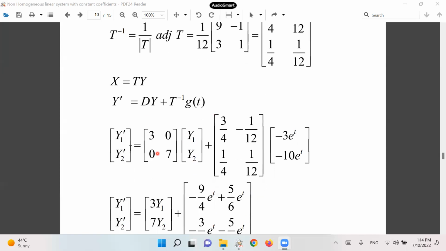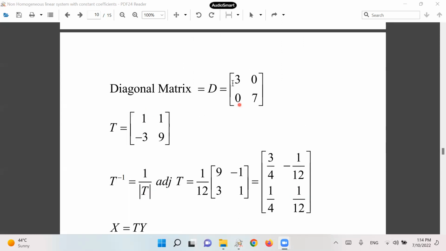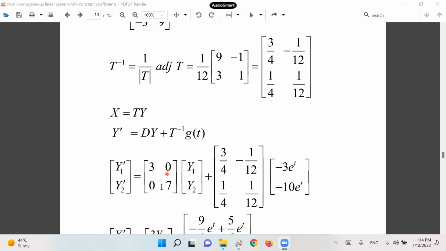Okay, so after that, y dash is nothing but y1 dash and y2 dash. The D matrix is the same, which we have just written with the eigenvalues, 3, 0, 0, 7. So y is y1 and y2 plus T inverse. T inverse we have just found, so we substitute over here.